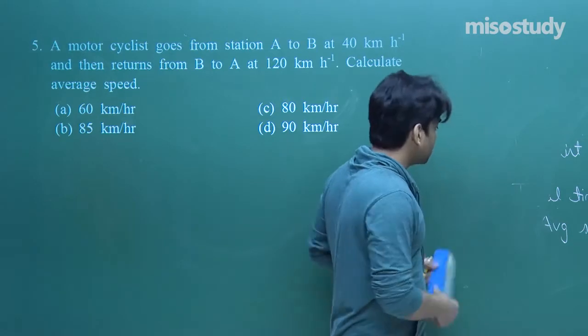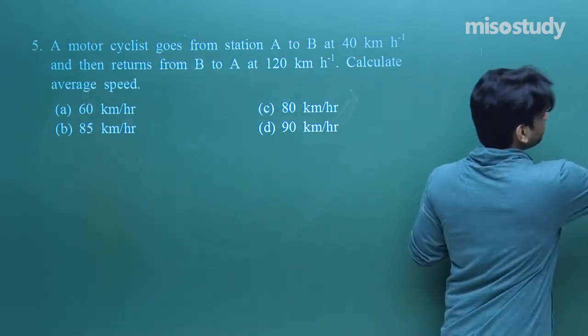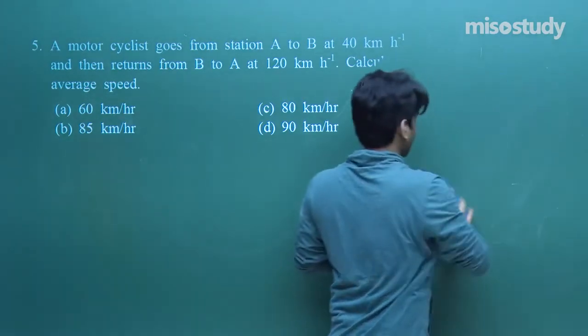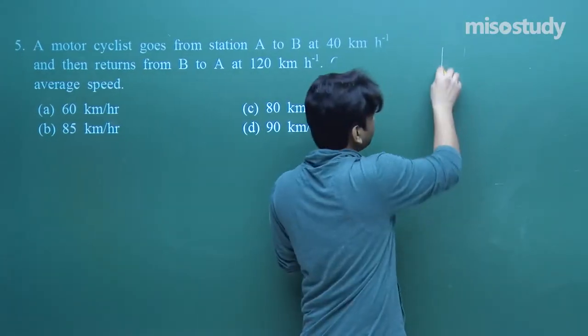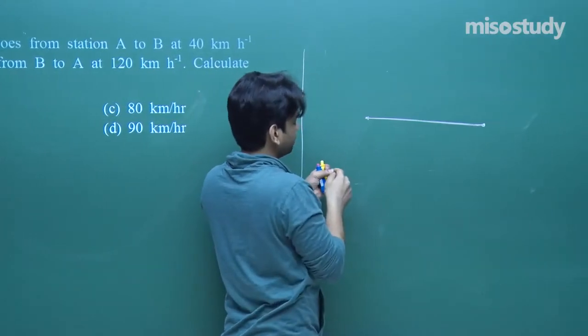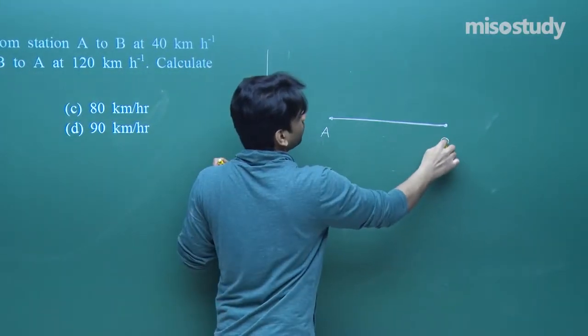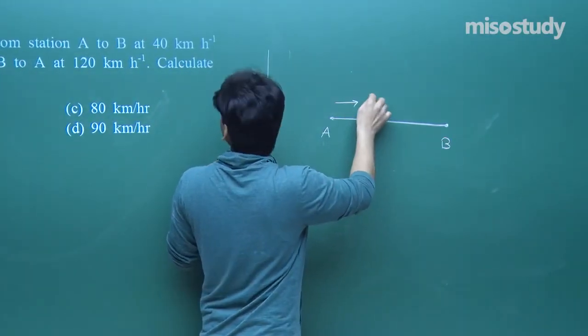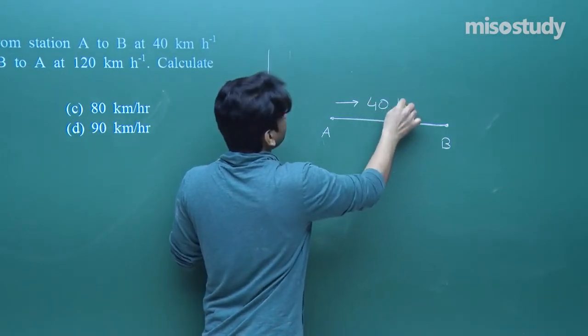Let's check that. We will learn something with this question. Again, from A to B, two different speeds. Let's say this is his journey path, A to B. While moving from A to B, he travels with 40 km per hour.